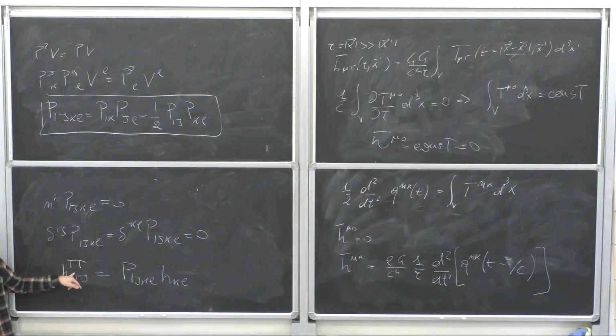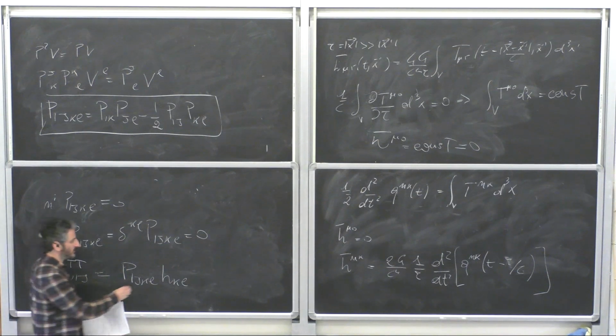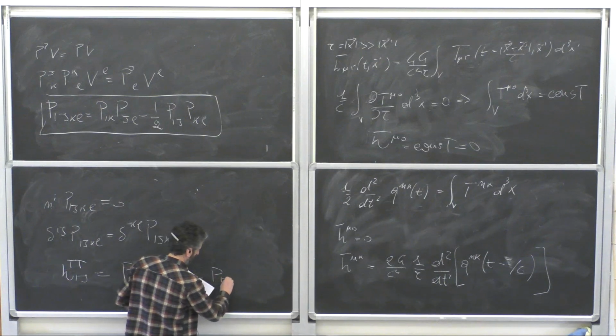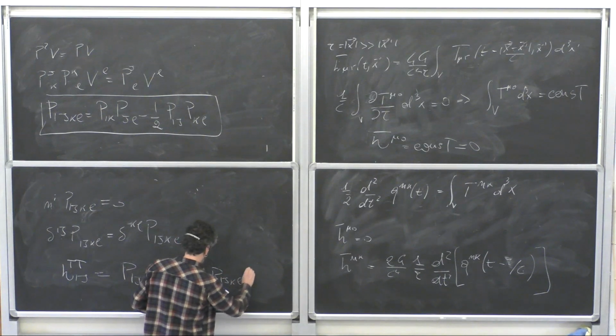This TT means, as we said yesterday, trace-free and orthogonal to the direction of propagation. Correcting what I said yesterday, we showed today that if I remove the trace, so the trace is 0, h and h bar will be the same, so doing this is exactly equal to doing this.